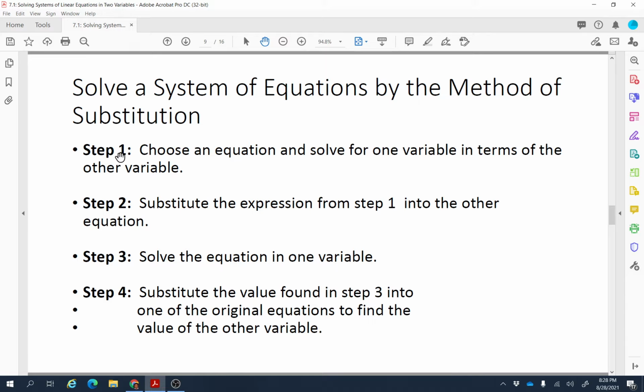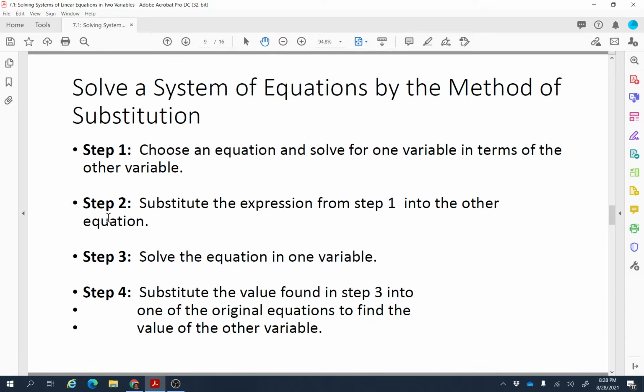In this method, first of all, we need to choose an equation from the two equations. We need to choose one of them and solve for one variable in terms of the other variable. While choosing, it might be a little bit tricky, but choose the one which gives you one variable easily.